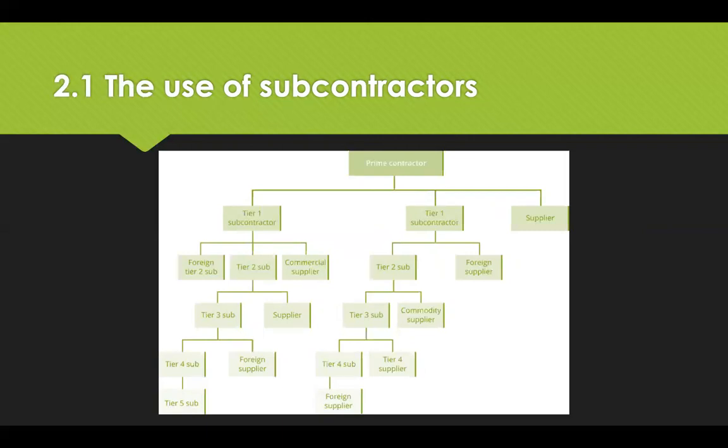Some questions to ask to help determine how far down the supply chain the subcontractor mapping needs to go are: does the organisation have any leverage at the lower levels or tiers? Is it possible to identify significant risks at that lower level of the supply chain? And is the supply chain consistent, or does it change significantly between suppliers?